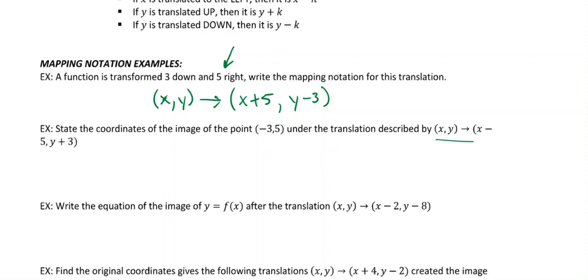Okay, so the original x, y is going to be turned into x minus 5, comma, y plus 3.